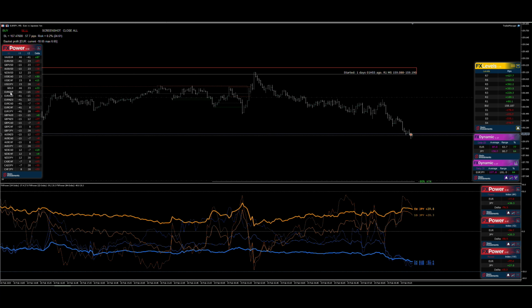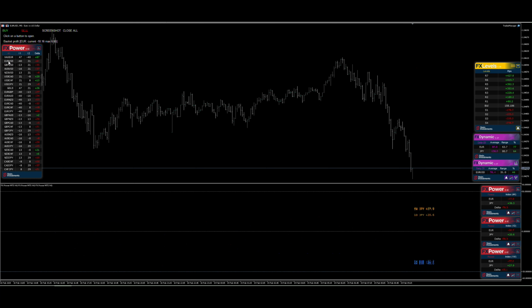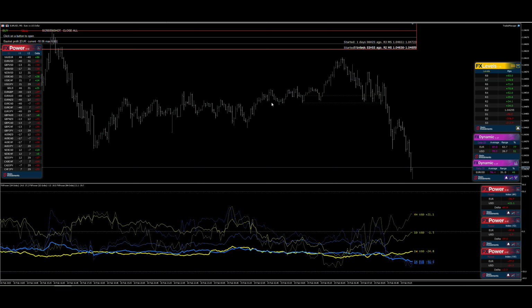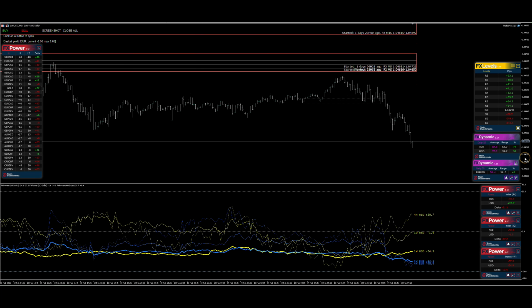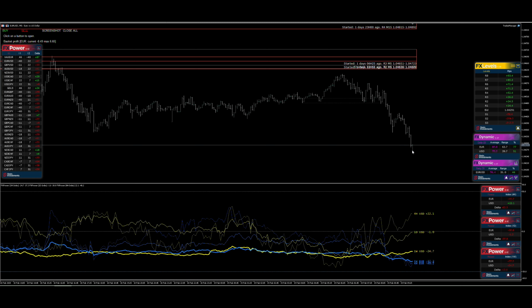And so I'll go through all the euro pairs to check the possibilities we get with this setup. We can see the US dollar is going to the upside, and so we could risk a sell trade here on euro USD with either a tight stop loss here or a bit wider.